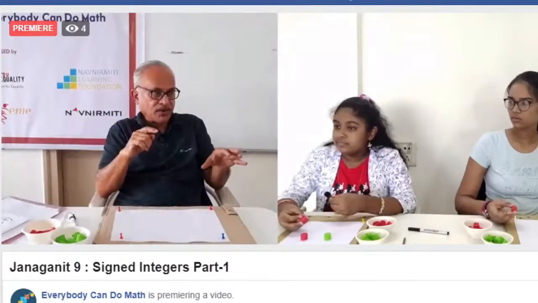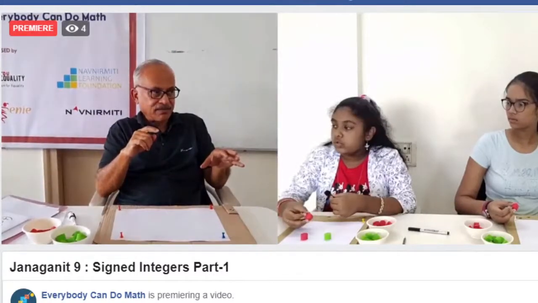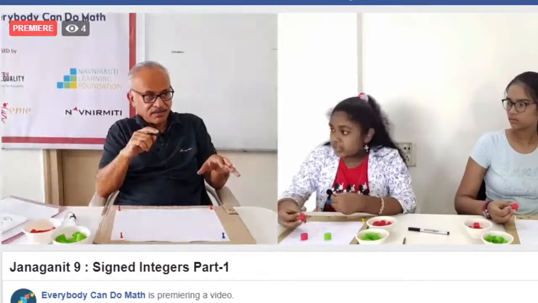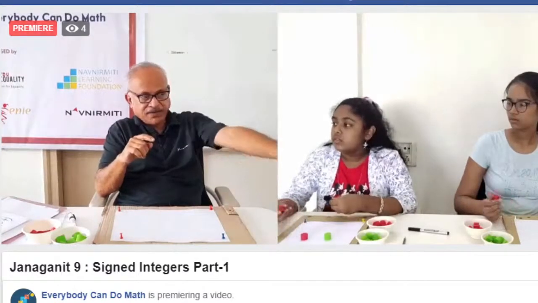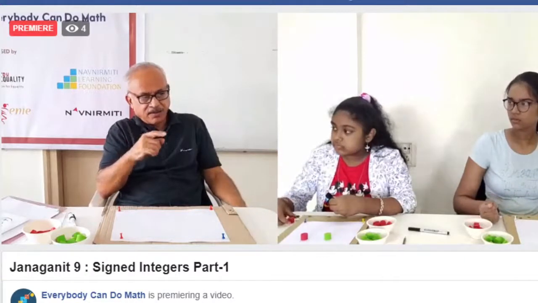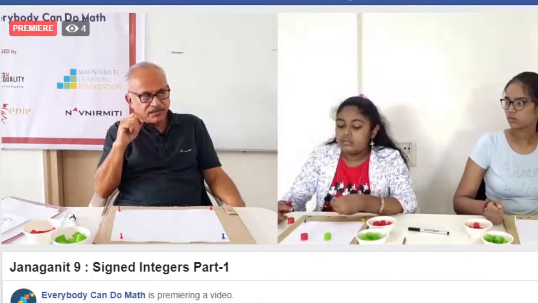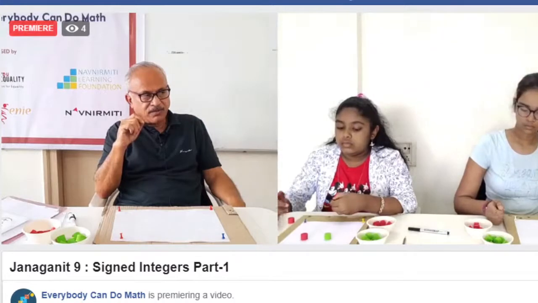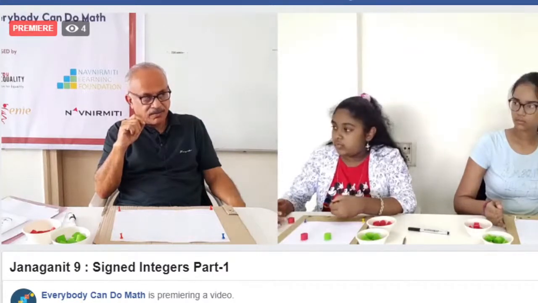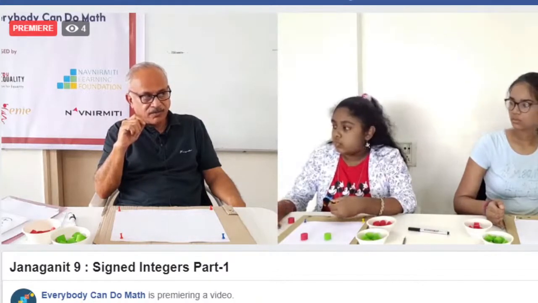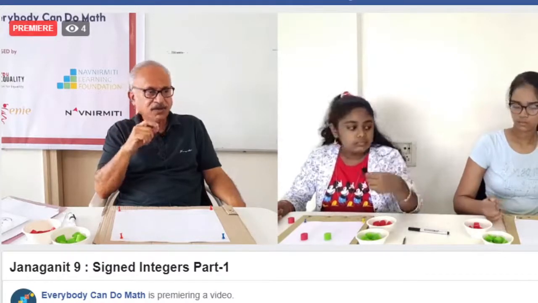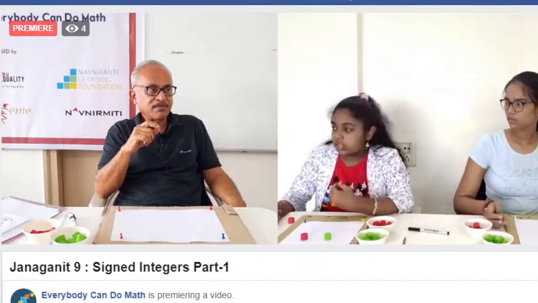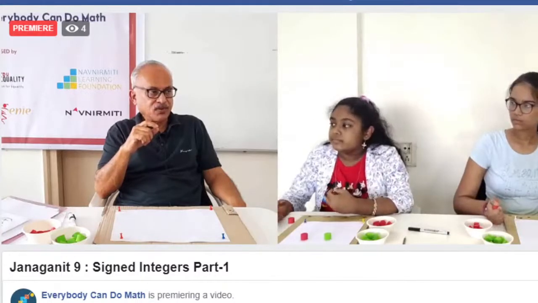No, that is in your hand. Just keep it aside. Now look at your account. What do you have in your account? 1 positive and 1 negative. What is the value? 0.